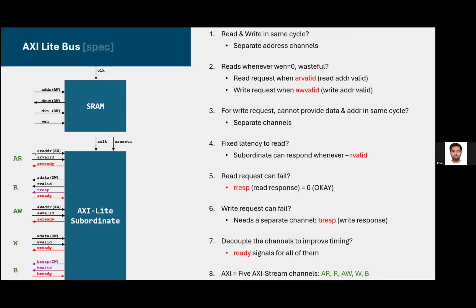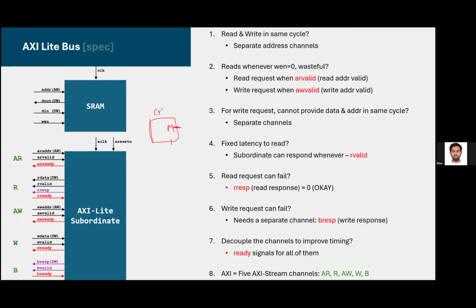Why did they keep them independent? In a big SoC, you're going to have a ton of modules. You're going to have one CPU, which will probably have one manager port, maybe multiple manager ports, whatever.